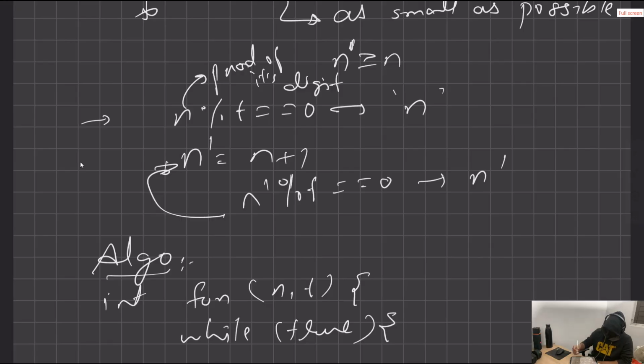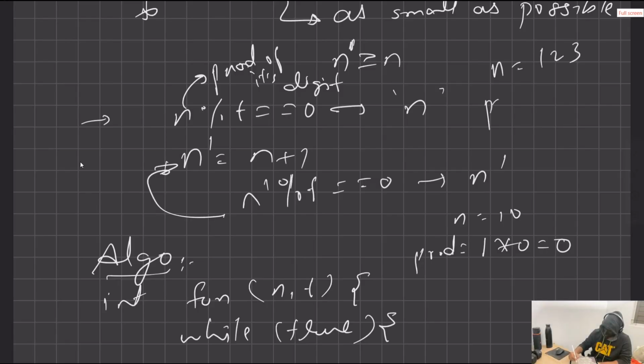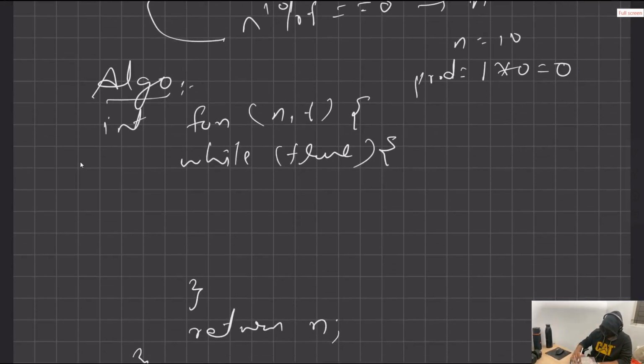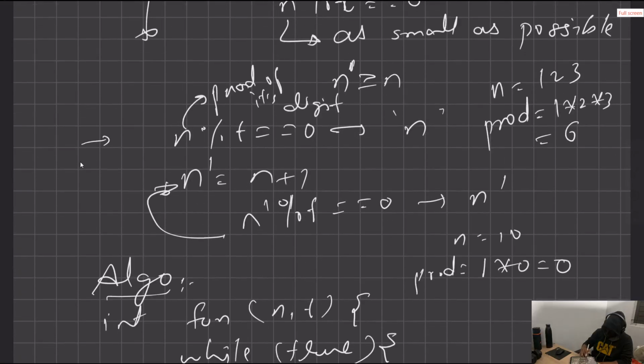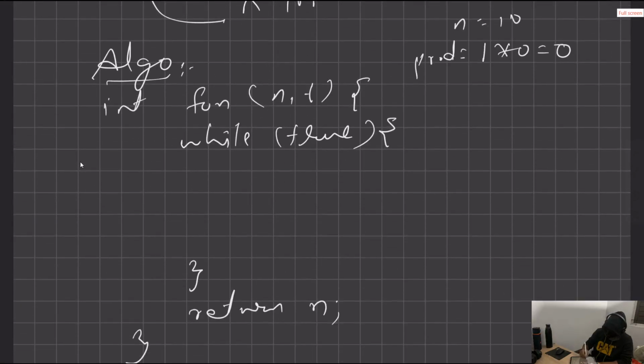Product of its digits meaning whatever n has, let's say n is equal to 10. You take each digit, 1 into 0, the product is going to be 0. Let's say you have n as 123, the product of its digits is going to be 1 into 2 into 3, which is 6. So we need to find the product, not the n, my bad here. First we should find the product.